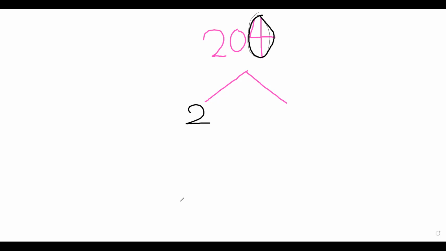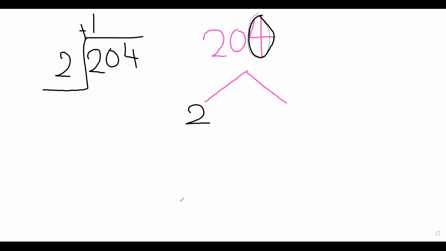I will divide 204 by 2. 2 over 2 is 1. 1 times 2 is 2. Then what do we have here now? We have 0. When I add 0 down, it's not working, but since I add from the dividend, I have to bring it down.